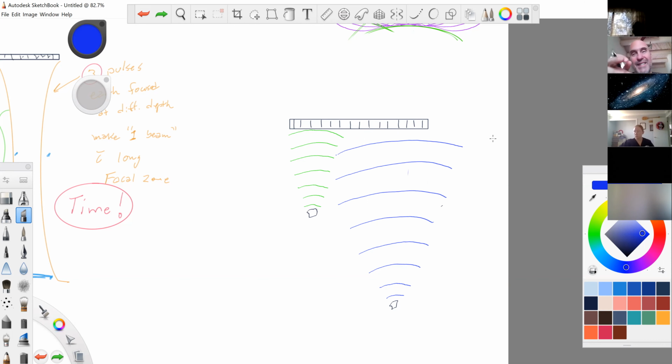Okay, that makes sense, right? The echoes don't act like Huygens. They act like any other sound source. They're spreading out. It's one reason why the echoes are so much weaker than the beam itself, because they spread out. It's one of the reasons.